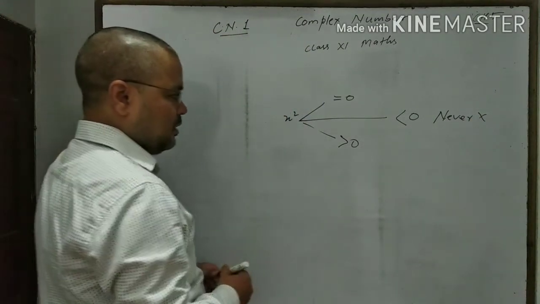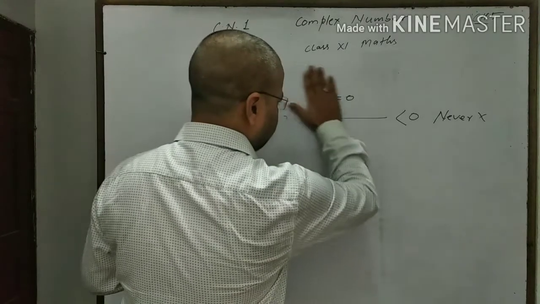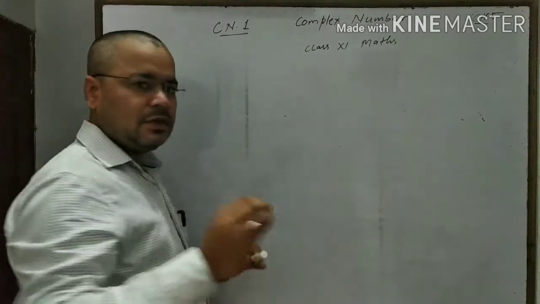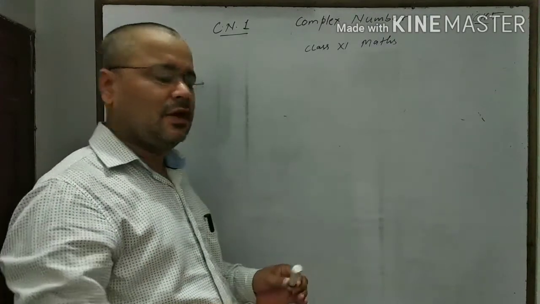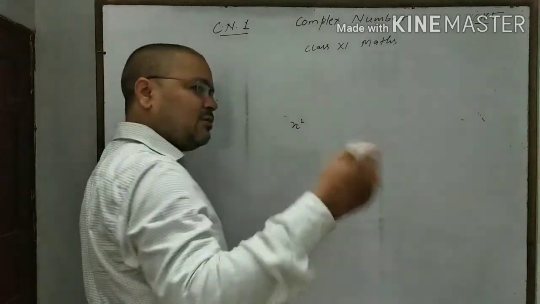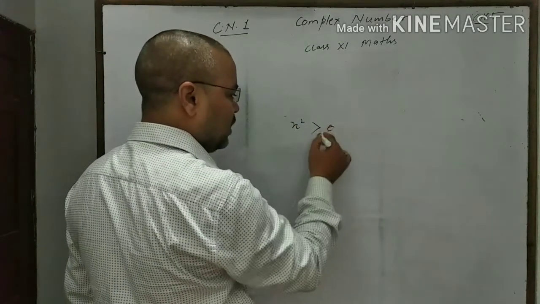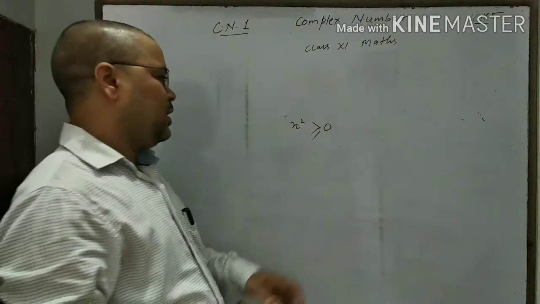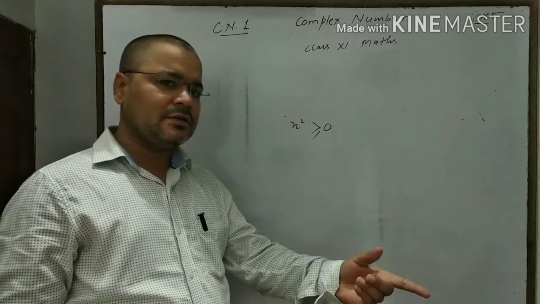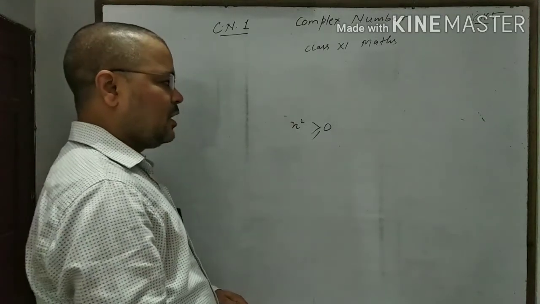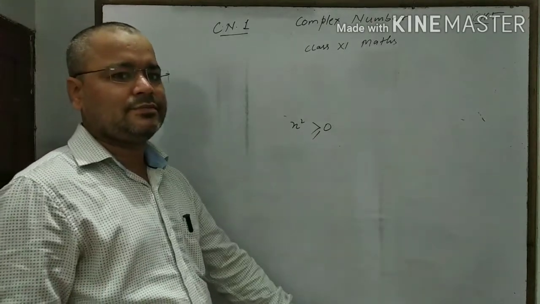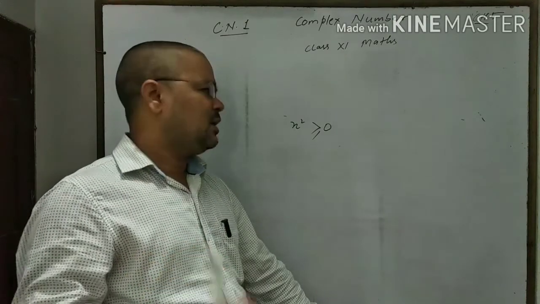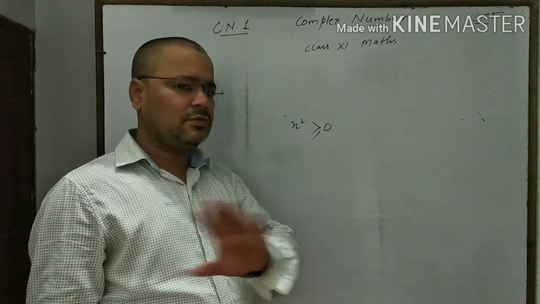Means we can write here that the value of x square is always non-negative, always greater than or equal to 0. The value of x square is never negative when x is a real number. There is no real number whose square is less than 0. Is it possible? No.